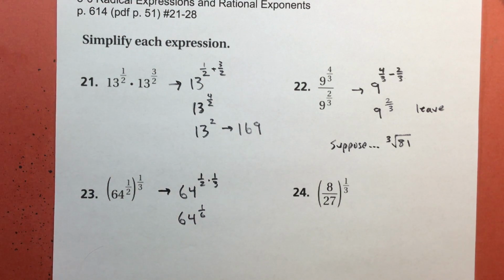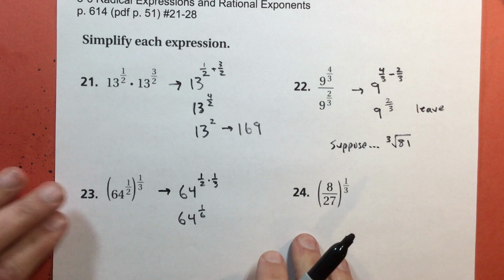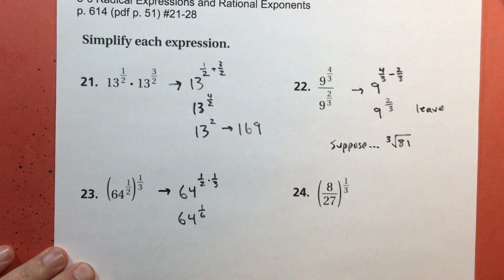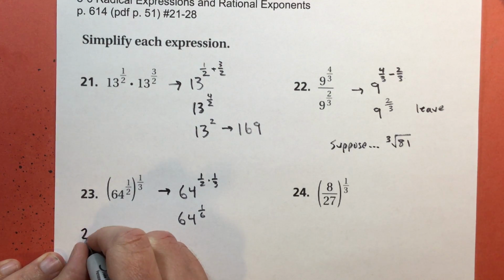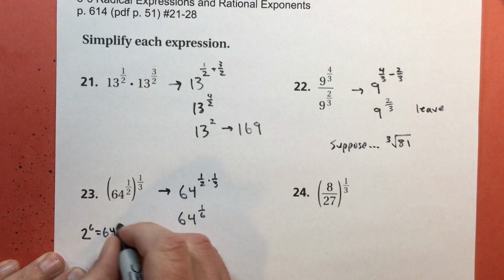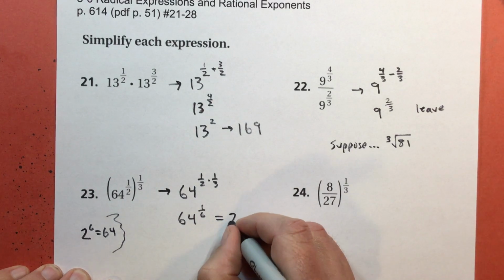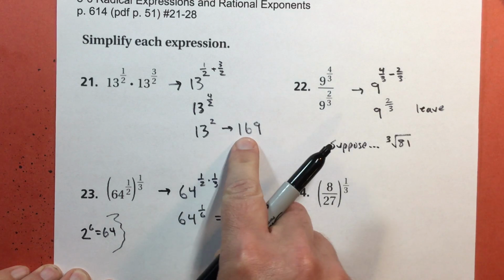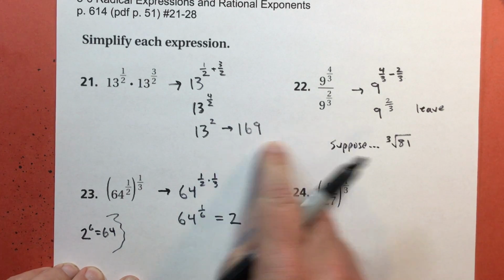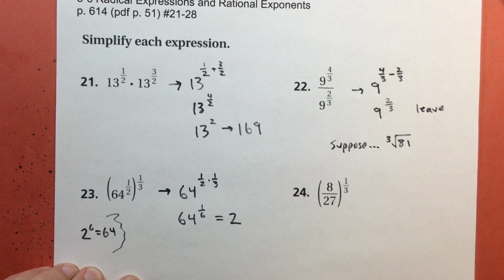Now this one I can simplify, because I know that 2 times 2 times 2 times 2 times 2 times 2 equals 64. In other words, 2 to the 6th power equals 64. I'll write that over here on the side just to remind myself. So this does simplify down just to the number 2. Like this one simplified to 169, but the last one ended up still with a radical.